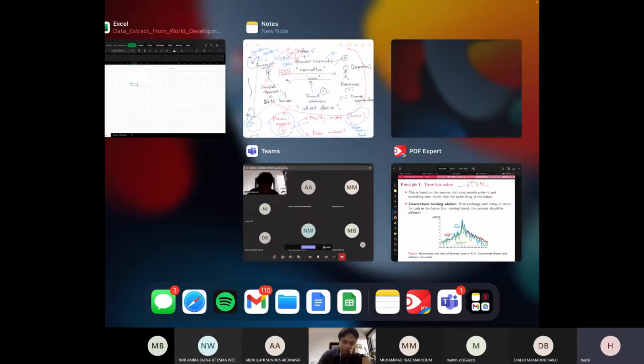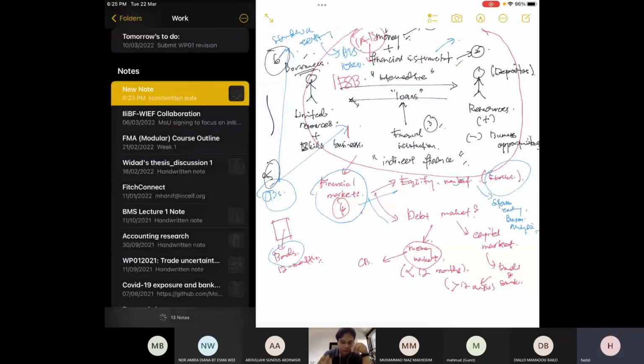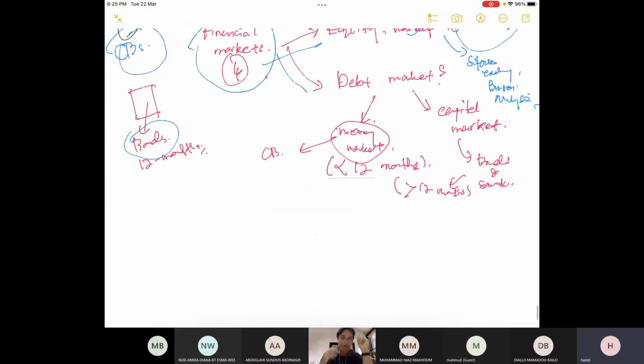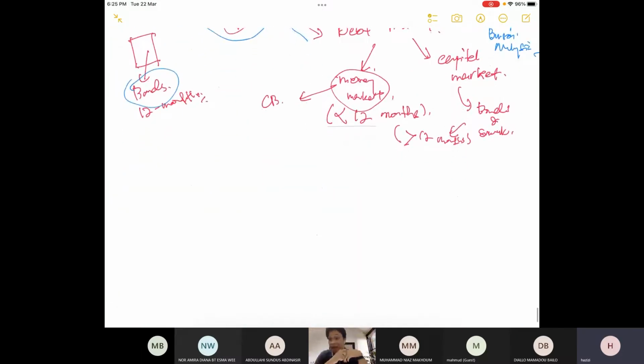If you disagree, basically you disagree with the entire finance operation, because every financial transaction involves this concept of time value of money.